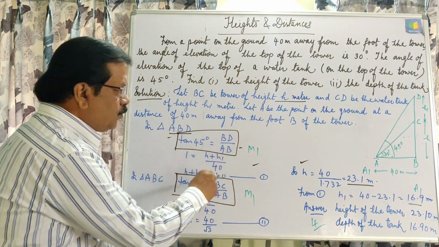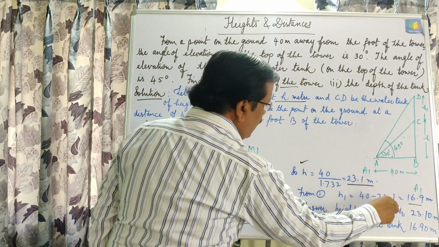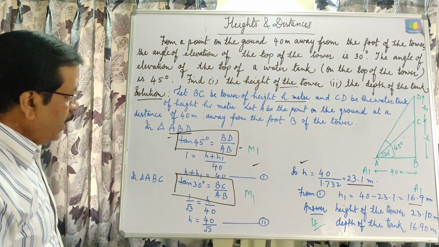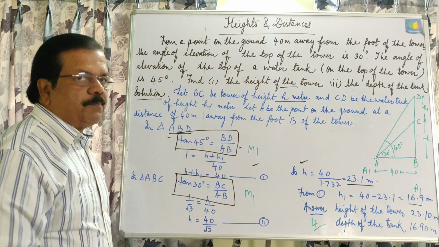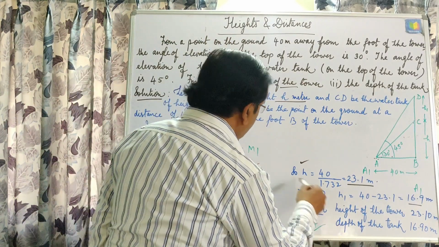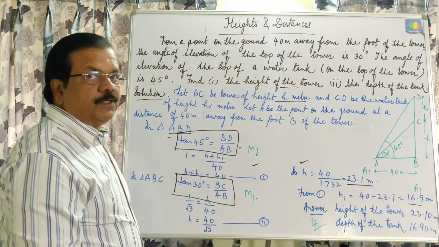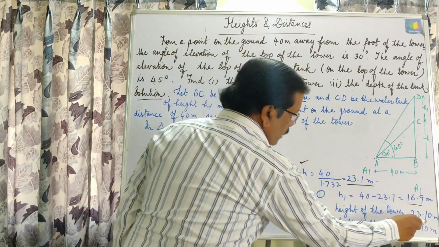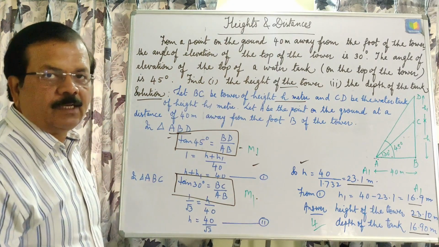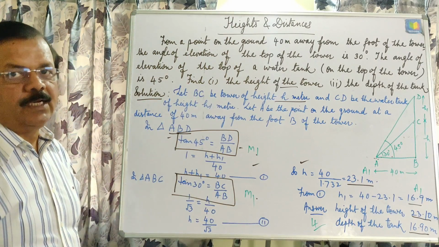And with the help of these two equations, whatever values we find, h and h1, these carried 1 mark with the answer mark, and in this there are no independent marks allotted. This way this question carried 4 marks, 1 mark here, 1 mark here, and 1 mark on the correct answer. But we should write the answer to 2 decimal places, and if we find 16.9 or 23.1, then ultimately we should write the answer 23.10 and 16.90.